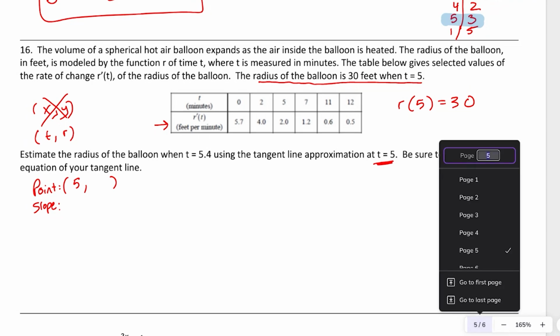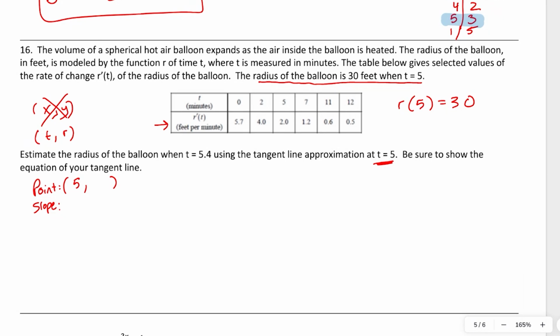We don't have a table for r, so we can't find it directly. But they did tell us r of 5 is 30. So that means if t is 5, then r is 30. So we've got (5, 30) there. The slope is going to be the slope when t is 5. That's given right here. It's 2. That's the slope.